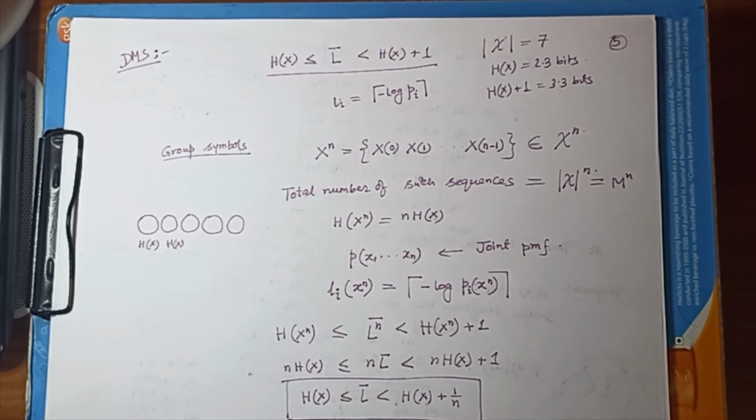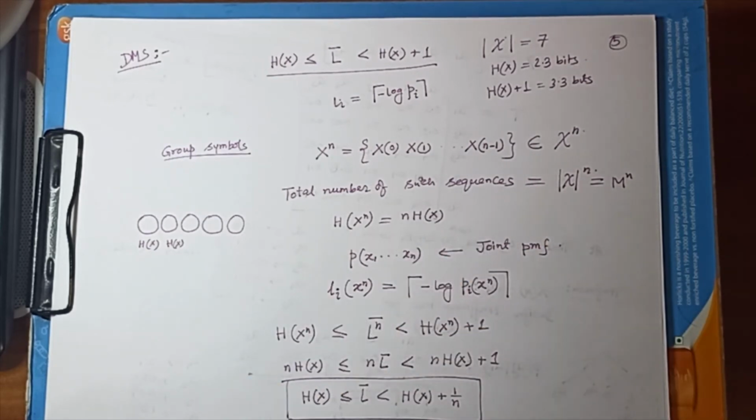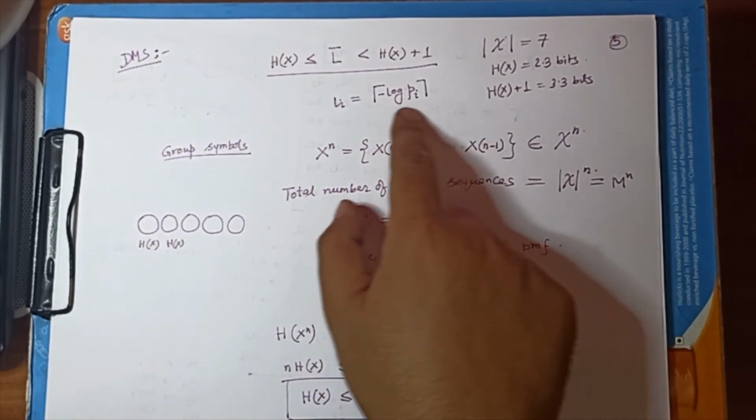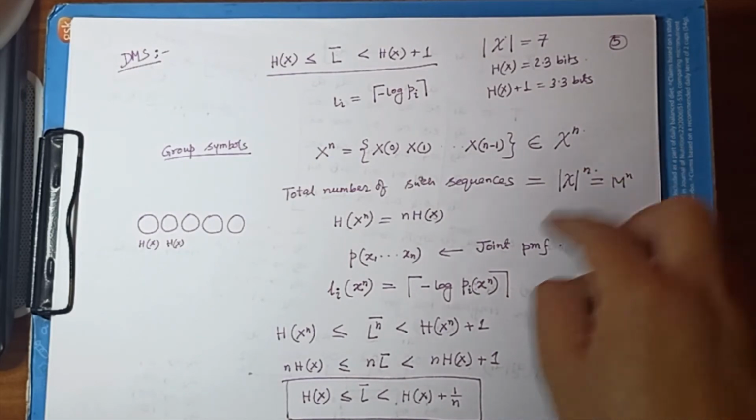So you can have the upper bound pretty tight, and you can enforce the average length per symbol to be close to H(X). This is one way of doing it, but what is the cost? Why don't we actually take this approach for n really large? That's basically hardware, because you have to store the data for n such random variables, and then you have a Huffman table of cardinality m to the power n.